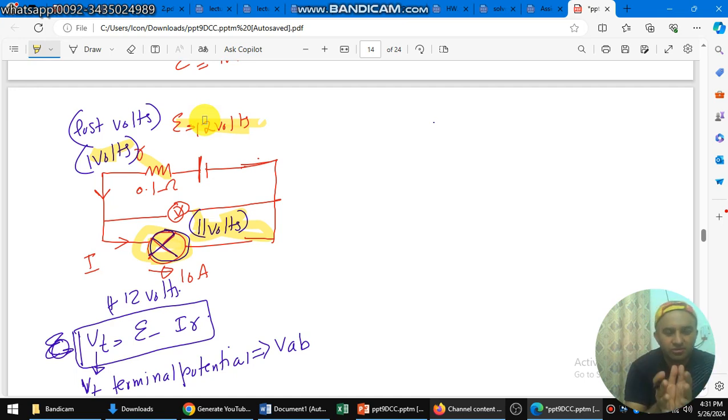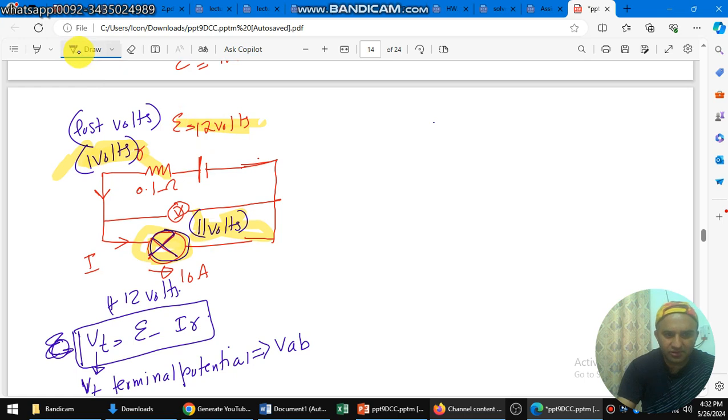According to KVL, the potential supplied by the battery must be constant. The total potential is the sum of all potential drops across the terminals, across the instruments, or across anything that we connect with the circuit. Okay, so 12 is equal to 1 plus 11.